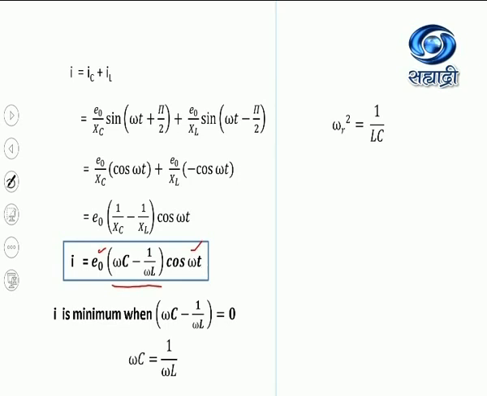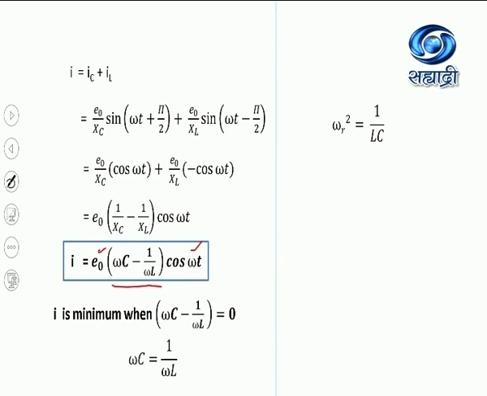Now here, when the current through the circuit is minimum, it is called resonance condition. So for a parallel resonance circuit, resonance is said to take place when the circuit draws ideally zero current, practically minimum current from the source.